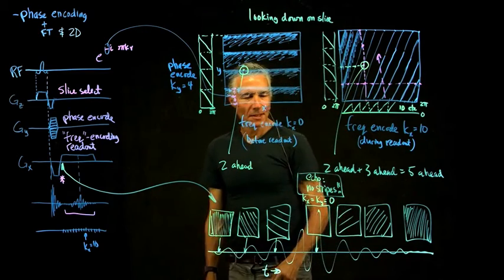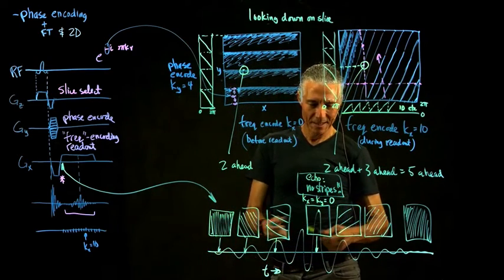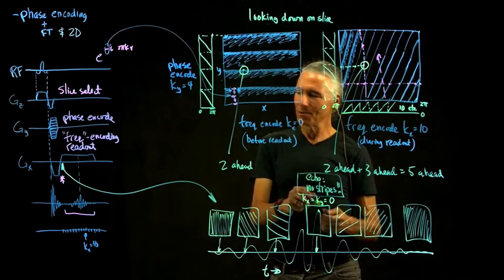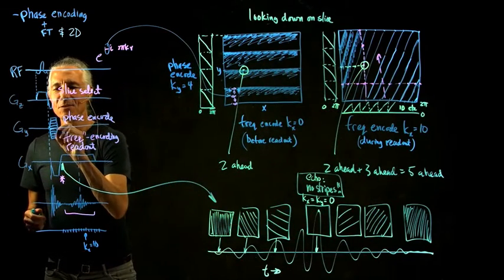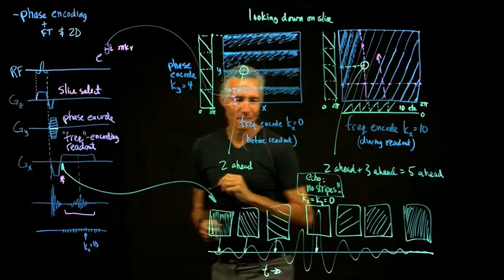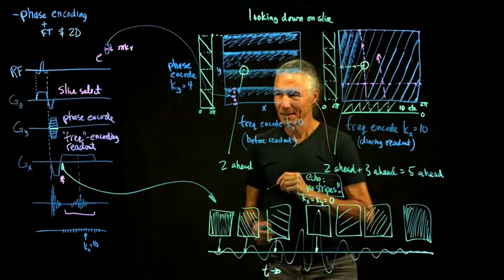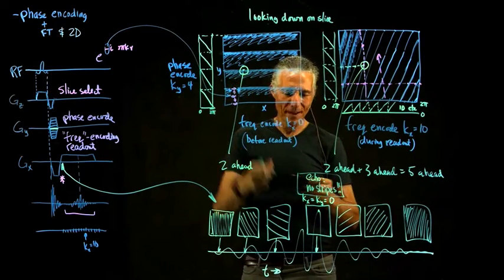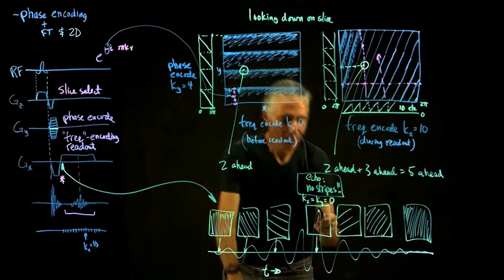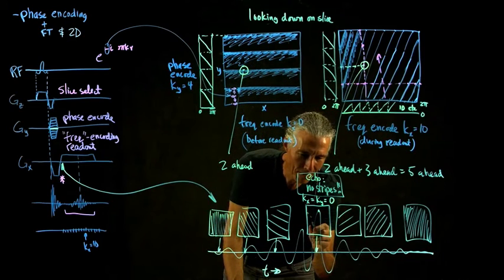There's no stripes only if we happen to be at the 0 phase encode. But the example I gave here was the 4 phase encode. So the answer would be 4 stripes here.